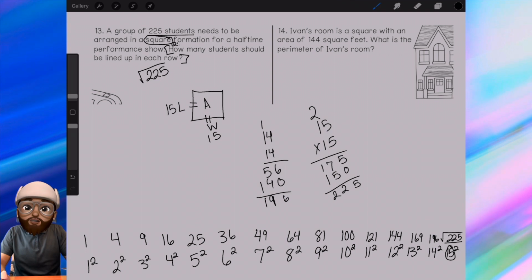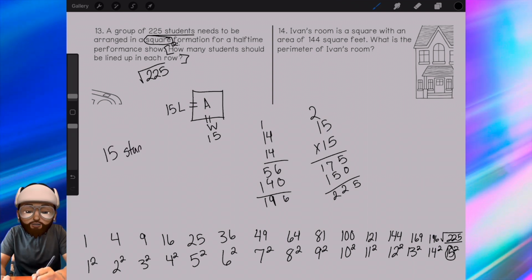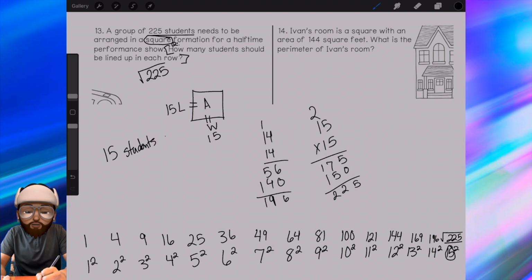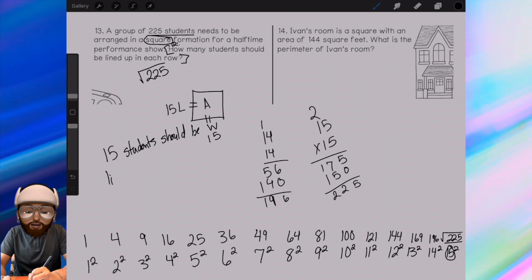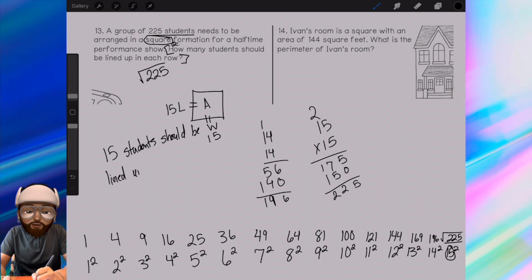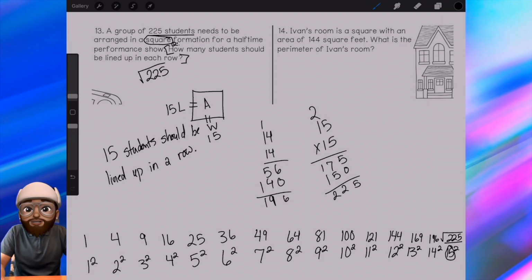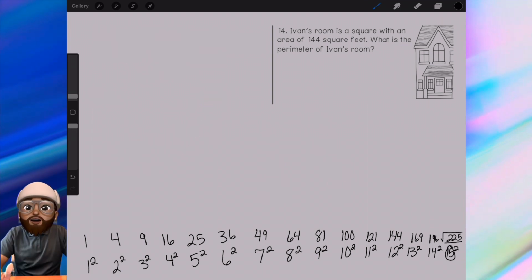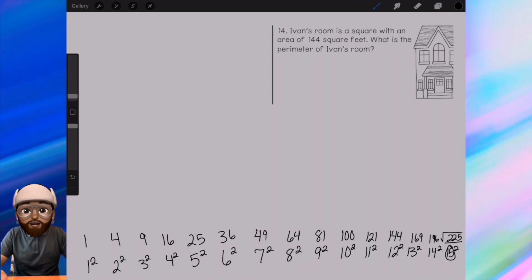Let's answer this in a complete sentence. 15 students should be lined up in a row. And we're done with that question. Great job. Okay, so now that we've answered that question, let's move on to our second question.